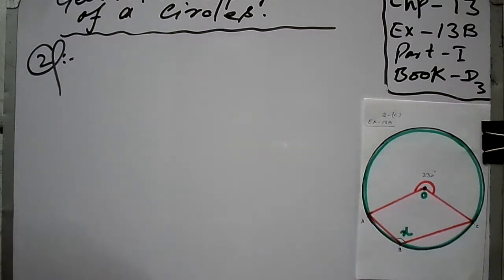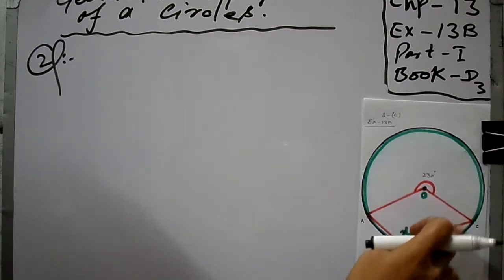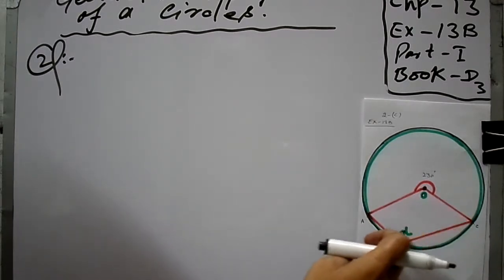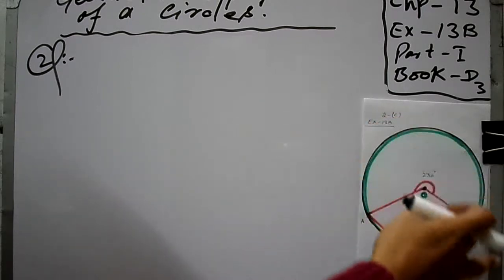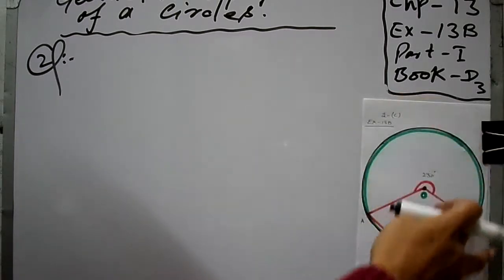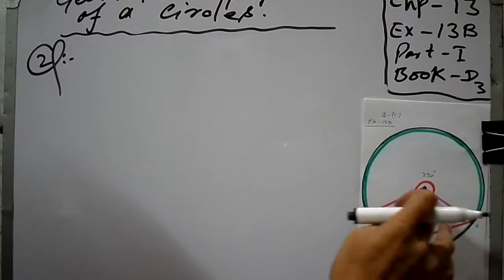It should be noted that the value of X lies in a major arc. So the major arc angle is always less than the minor arc angle.